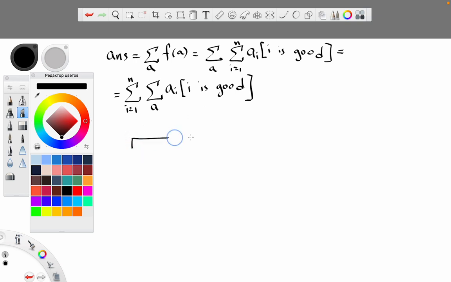Okay, so here's our array, here's our position i. What do we care about? We don't care about all of these guys. Each of them just has k possibilities independently, so that just multiplies the number of arrays by k to the power of n minus i if we stick with one indexation.